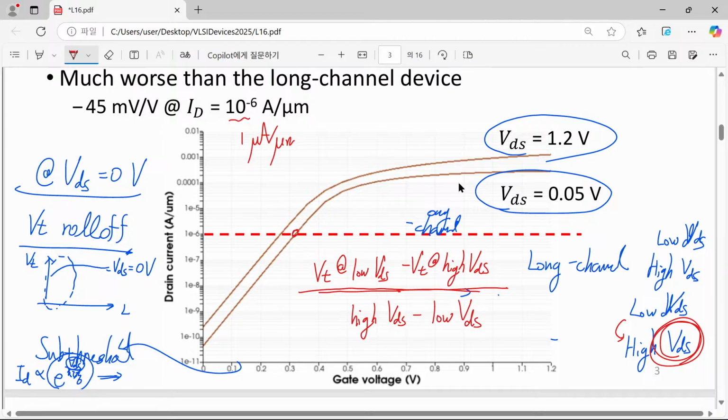So in this case, for a relatively low VDS value, what we can say is that around 0.31 or 0.32 volt would be the value for threshold voltage at VDS equal to 0.05 volt.